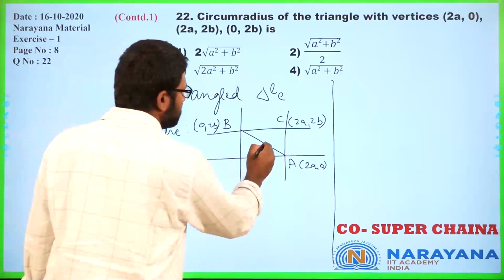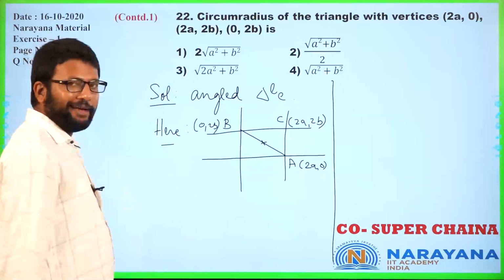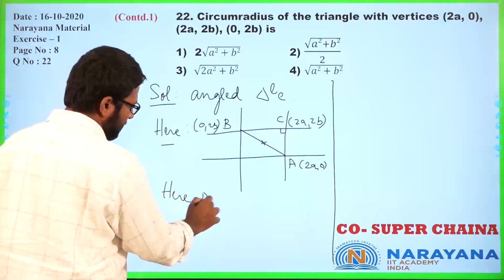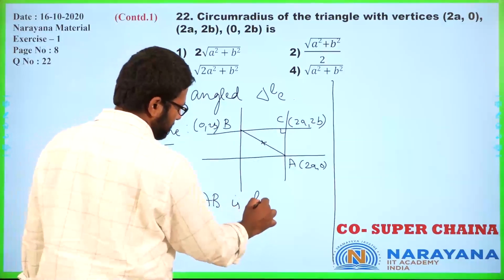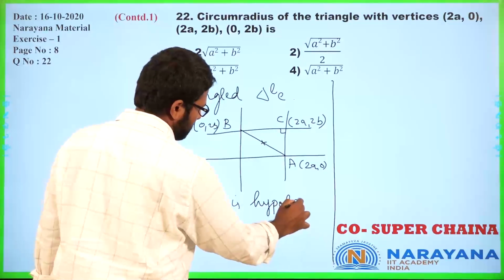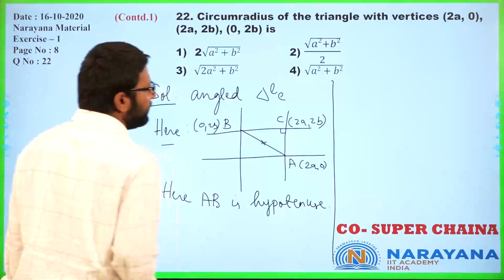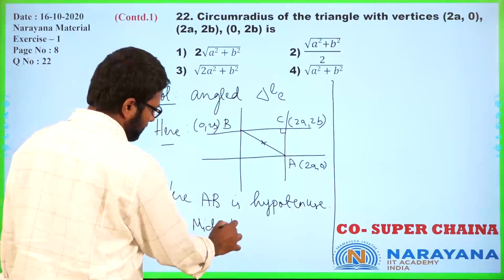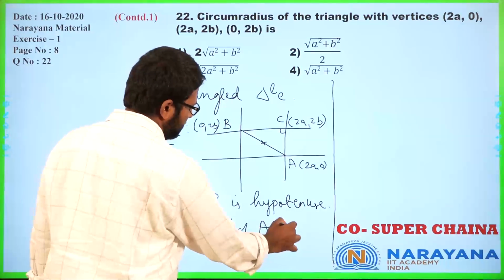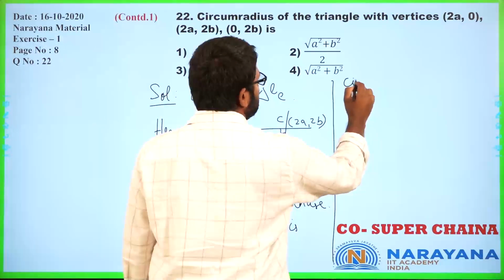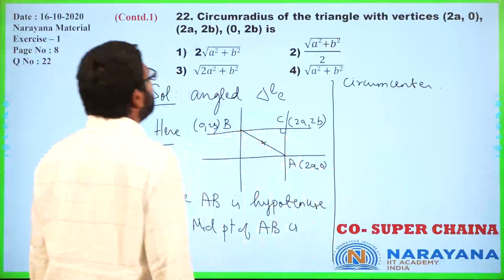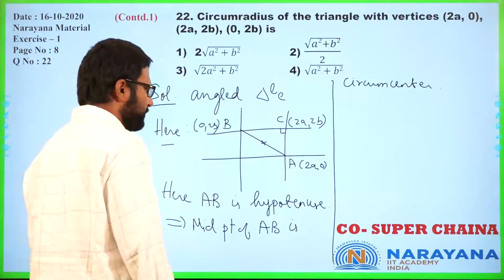So the hypotenuse is AB, which means the midpoint of AB is the circumcenter. But they are asking for the circumradius.